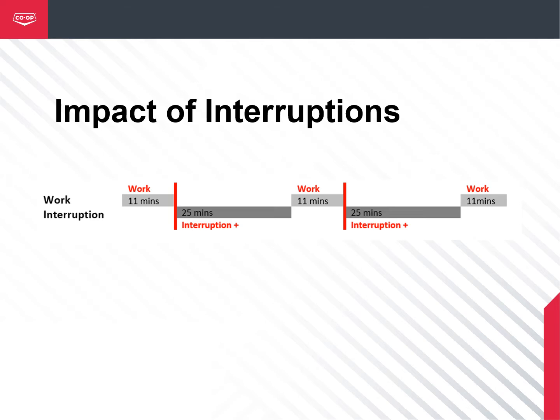Interruptions in our workday are inevitable, but what is the impact of those interruptions? It's estimated that office workers are interrupted every 11 minutes, and then it takes an average of 25 minutes to return to the original task, making the impact of an interruption 2 or 3 times its duration.